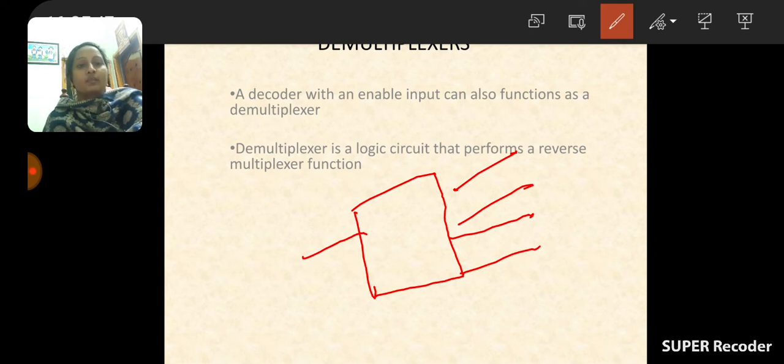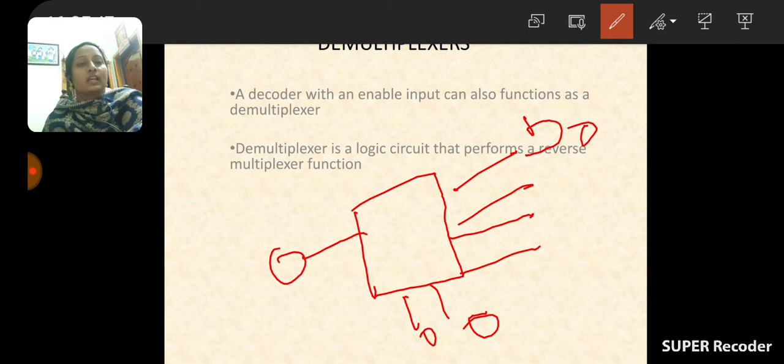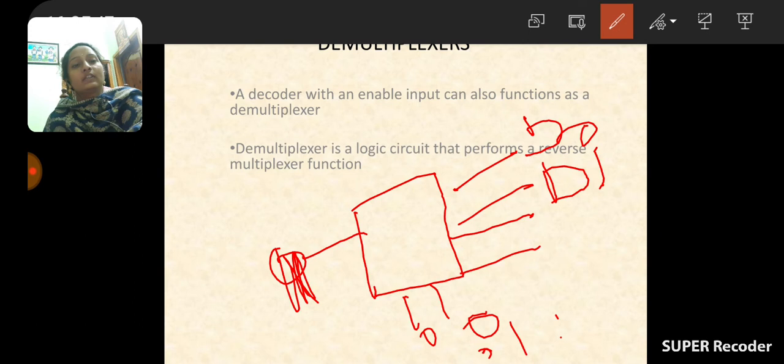This input must be transferred over one of the 4 lines. For example, if I give the selection lines 0 and 0, this input must be transferred over the line D0. If the selection lines are 0 and 1, this bit is transferred over the D1 line. Next 1 0, D2; 1 1, D3.